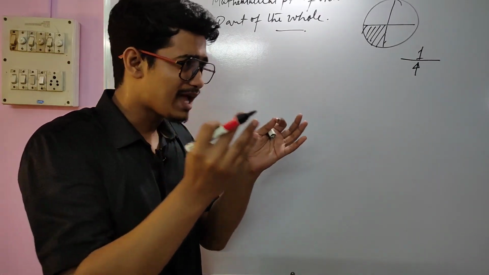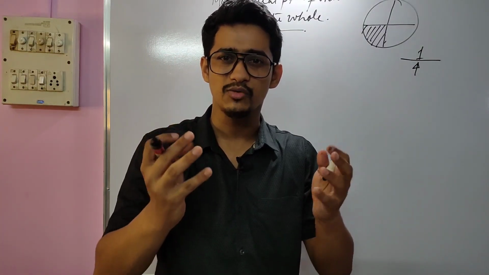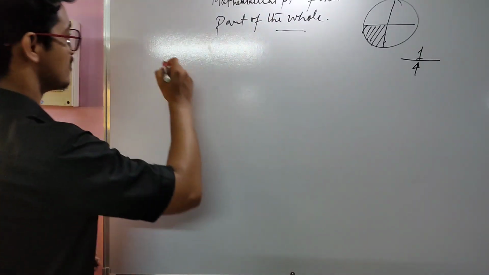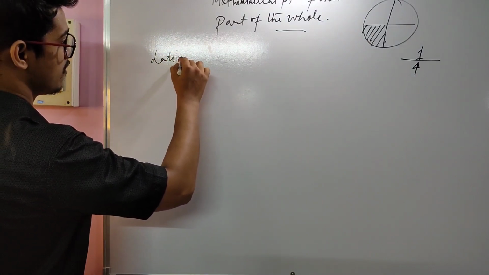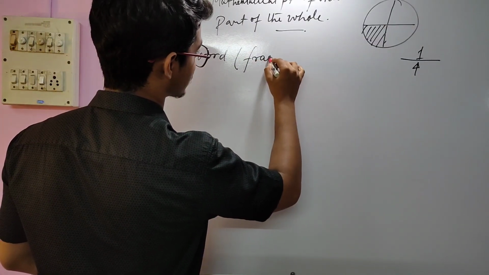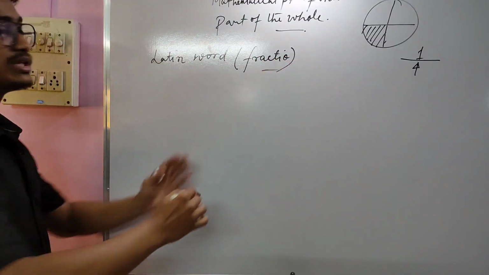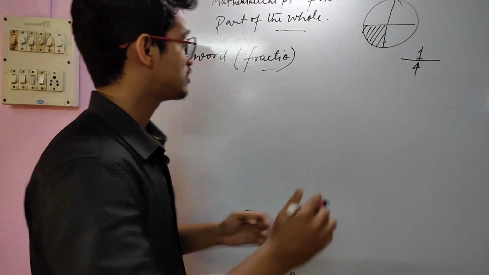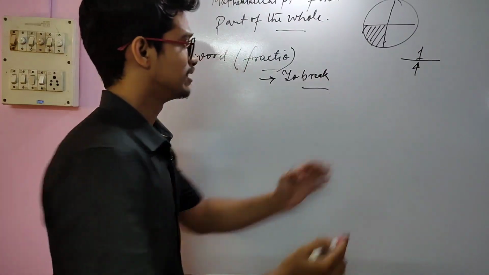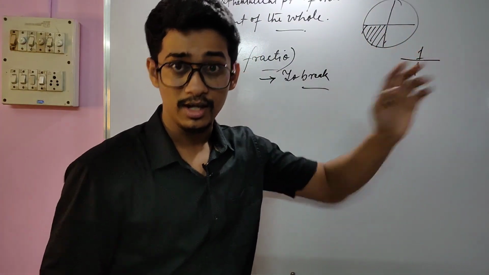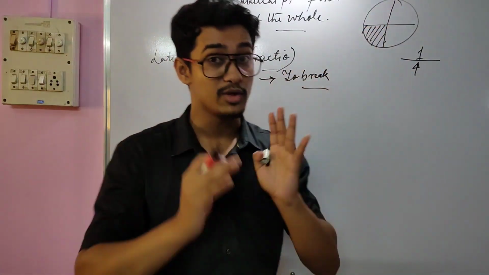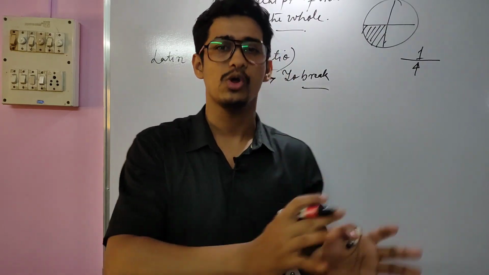But do you have any intuition that how that fraction word came into existence? Wait, let me just tell you. Fraction comes from Latin word which is fractio. Fractio is the Latin word of fraction, which means to break. If you see, there are 4 equal parts. Just remember one thing, equal parts must be there.